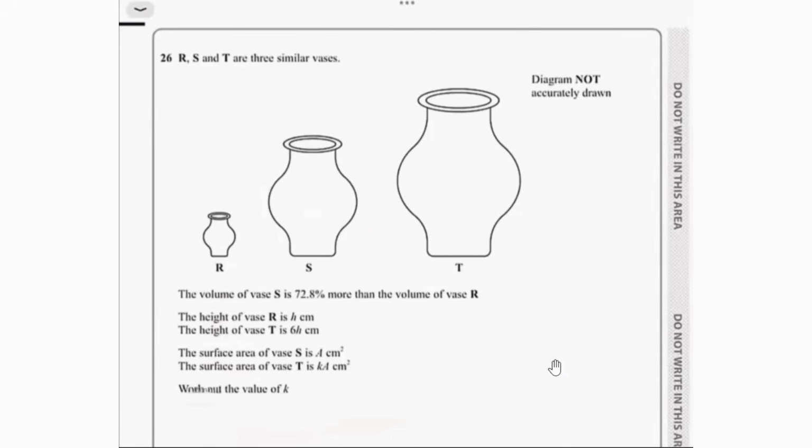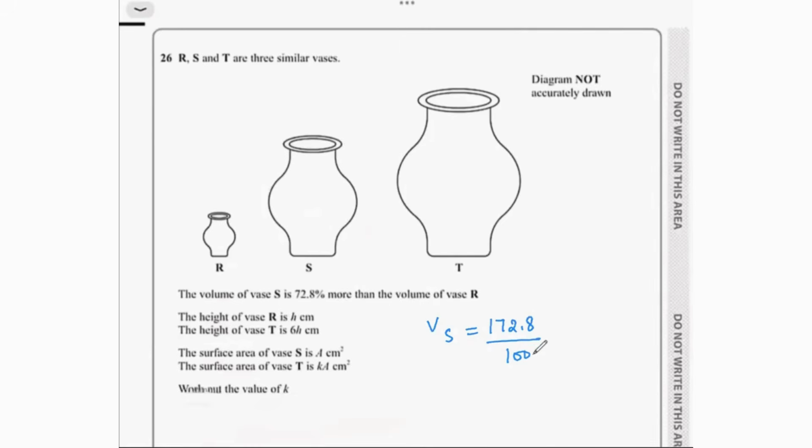This question is kind of similar to a question that came in one of the past papers. I don't remember the specific year, but in that case, they only gave two similar figures, not three. So it has some similarities with that, but differences as well. If we convert the statements into equations, the volume of base S is 72.8% more than the volume of base R, which means Vs equals 172.8 over 100, because it's 72.8% more.